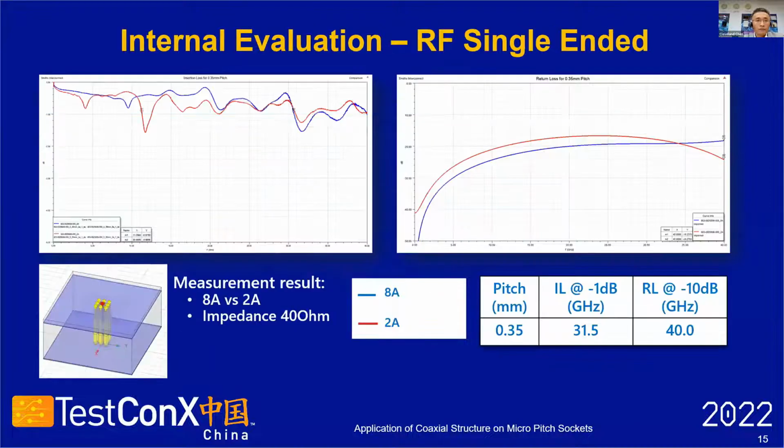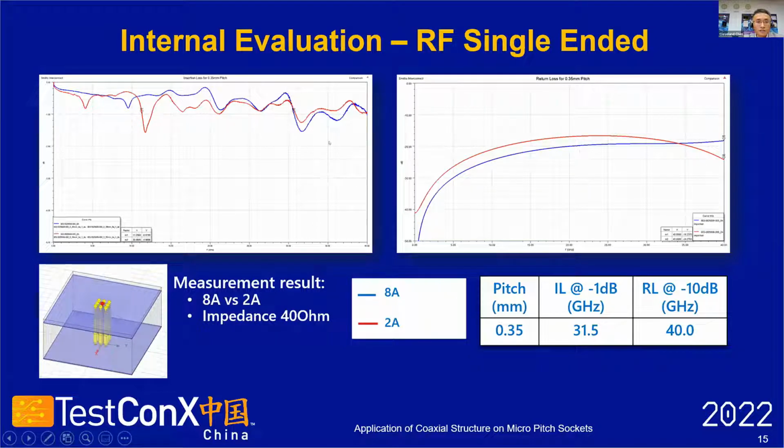For the RF performance, single end 8A versus 2A, this is the actual measurement result. We didn't show the simulation result because the simulation result is very perfect. So you can see the measurement result chart.